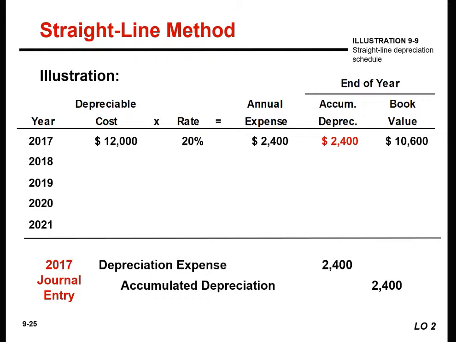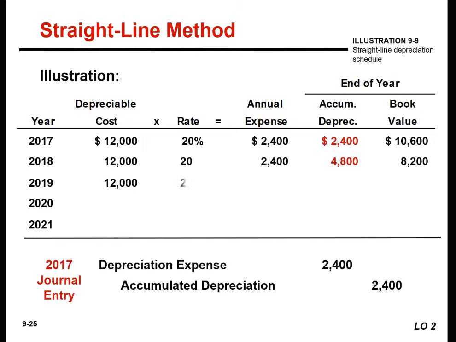Now, as time continued to move on, we would continue to have a 20% rate and an annual expense of $2,400. Our accumulated depreciation account would increase by $2,400 annually for this asset, and our book value of our asset would reduce by $2,400 every year.